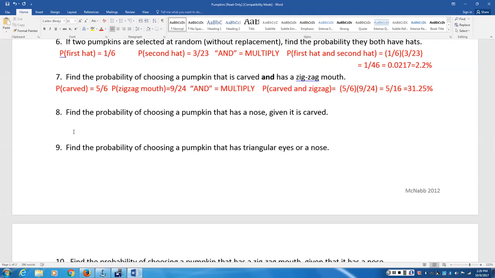Number 8 says find the probability of choosing a pumpkin that has a nose, given that it's carved. Which pumpkins are we looking at? All of them? Only the carved ones, and there are only 20, okay? So how many of the 20 have noses? 16 of them?